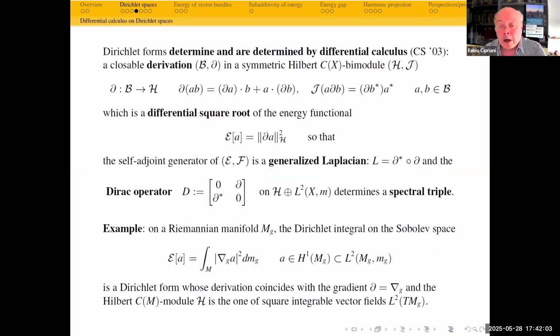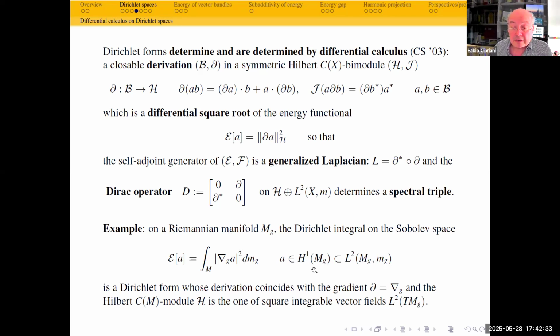which on a suitable subalgebra of Lipschitz functions provides a spectral triple. The main example is, of course, the Dirichlet integral, which is a Dirichlet form on a manifold, on a compact manifold, say, defined on the first Sobolev space.